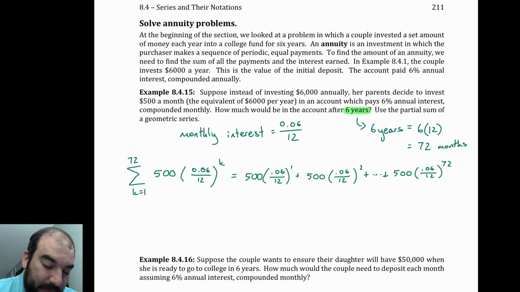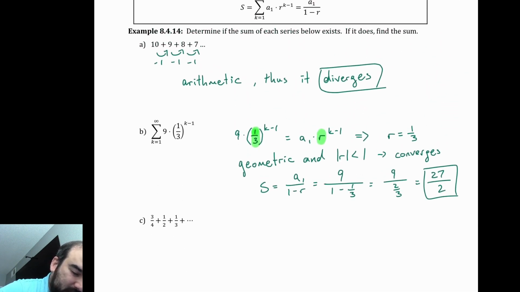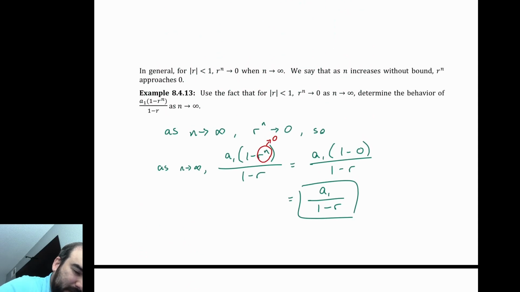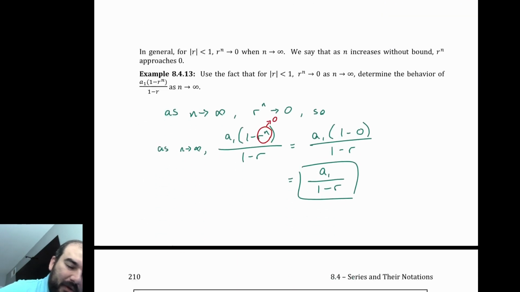So we're going to have 72 terms in this series. If we want to find the sum, we want to find the sum of the first 72 terms here. And our formula, if you remember, is this one that we just saw on this page here, a1 times 1 minus r to the n, divided by 1 minus r.